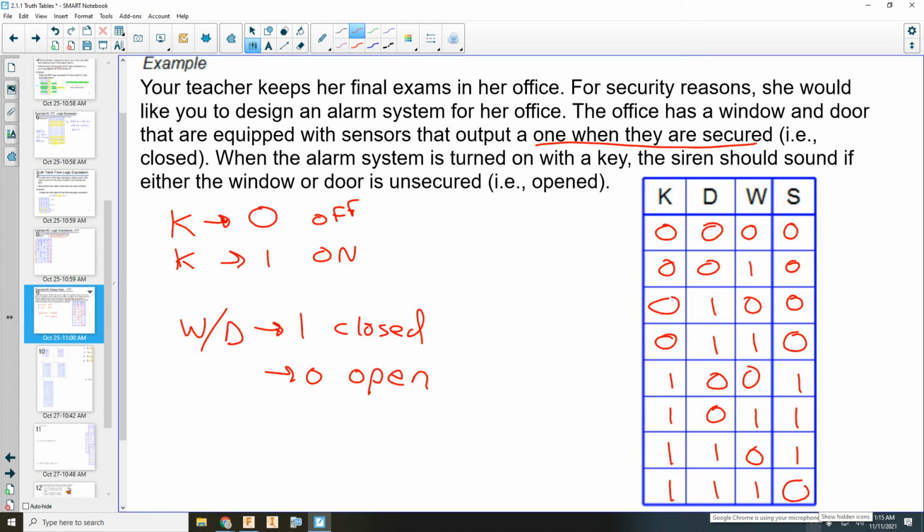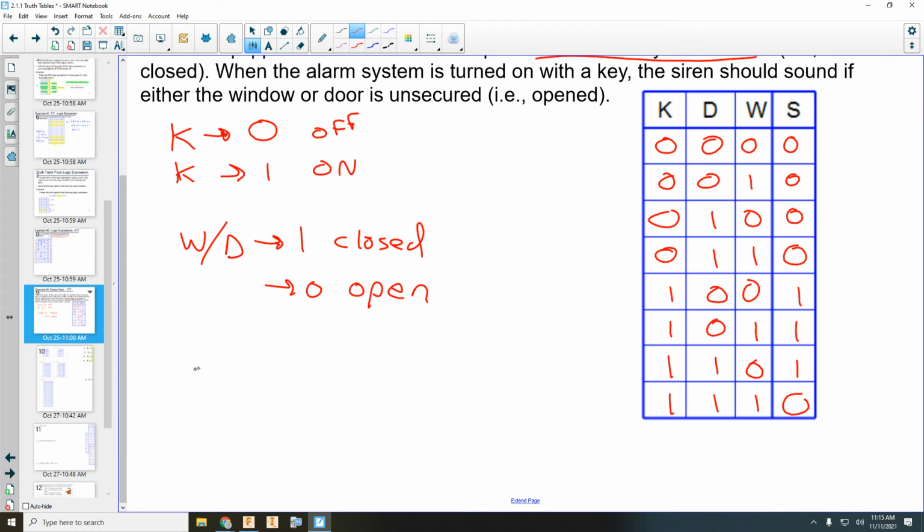Okay, so then what is my equation for S when I sound the alarm? Lance? K, D naught, W naught.